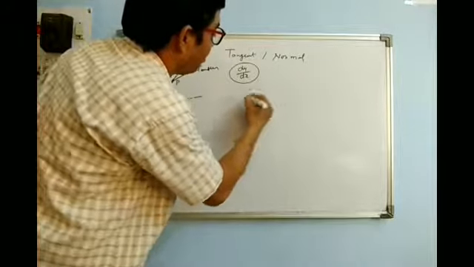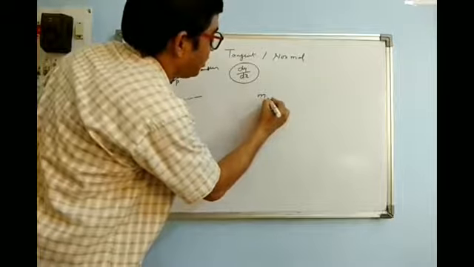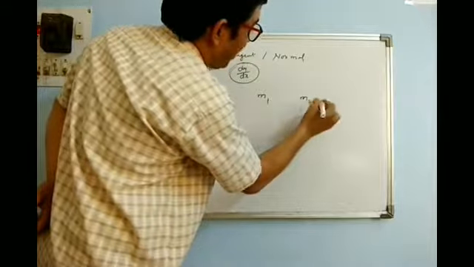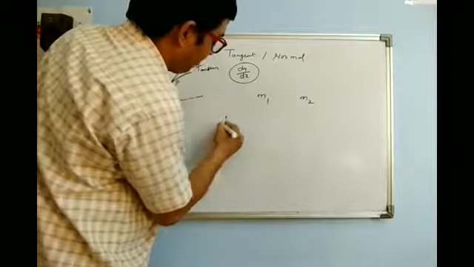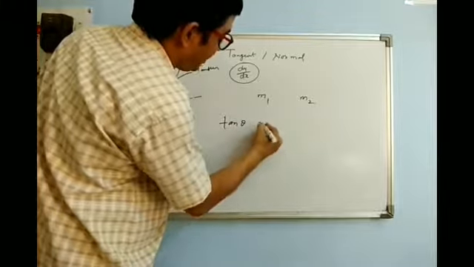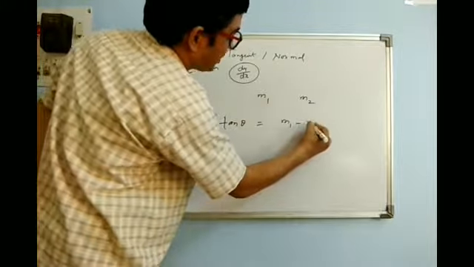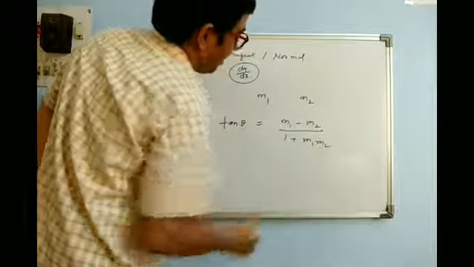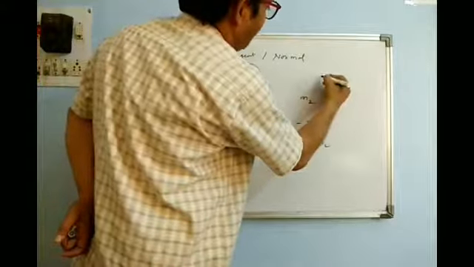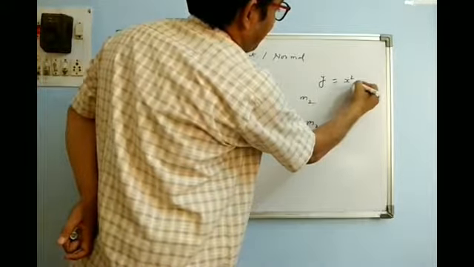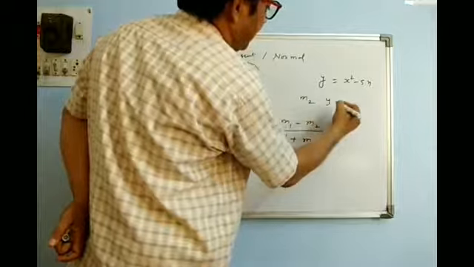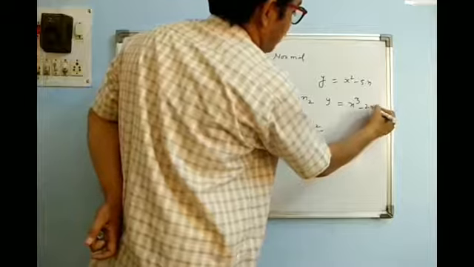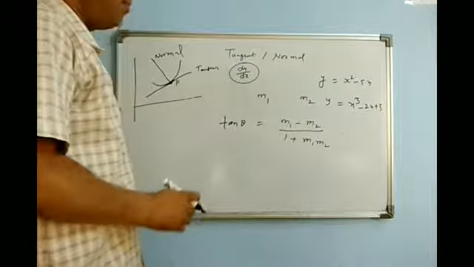So if two curves are there and the slopes of the tangent at a particular point are m1 and m2, then the angle between the two curves is taken as tan theta equal to m1 minus m2 by 1 plus m1 m2. Okay, I'm just taking one example. One curve is y is equal to x square minus 5x and another is y is equal to x cube minus 2x plus 3, like this.